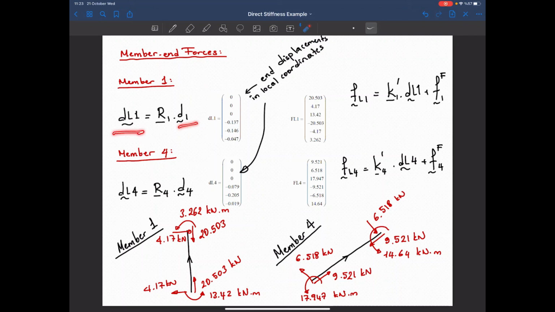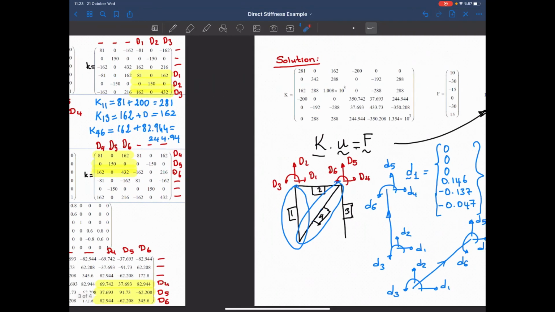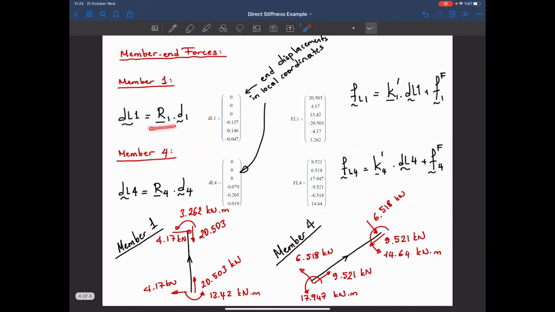We transform these displacements defined in the global directions into displacements defined in the local directions. How do we do that? By just multiplying it with the rotation matrix that we previously calculated.